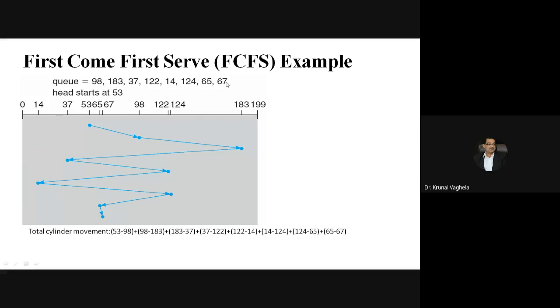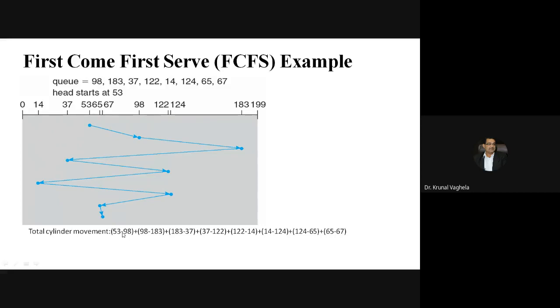Now, in your exam or in an example, it will be asked what is the average cylinder movement or what is the total cylinder movement? So you need to see from 53 to 98, how many cylinders you need to travel?